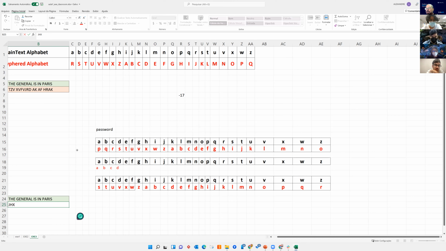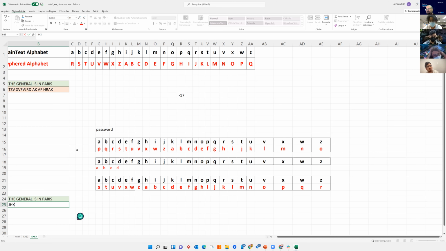Okay. It's a little harder to use frequency analysis, because remember, you don't know anything about the key. You don't know the size of the key. There is a way to break the Vigenère. However, it's much harder. Okay, and you can use, for example, cryptanalysis.